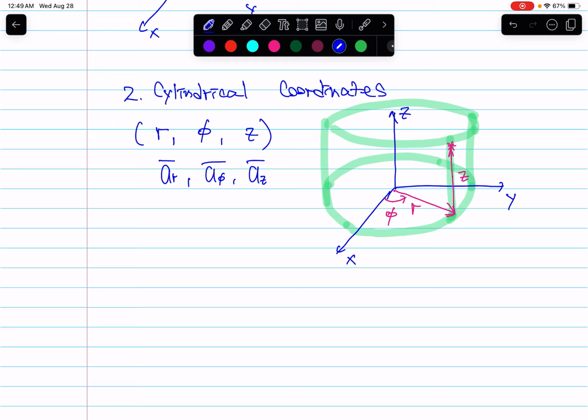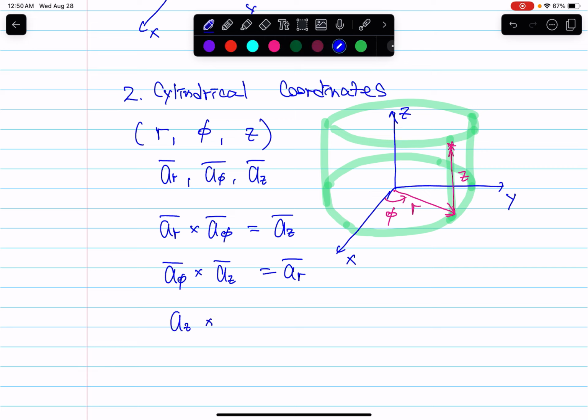And because they're orthogonal, if you do the cross product, that ends up being the remaining ones. That become A pi.